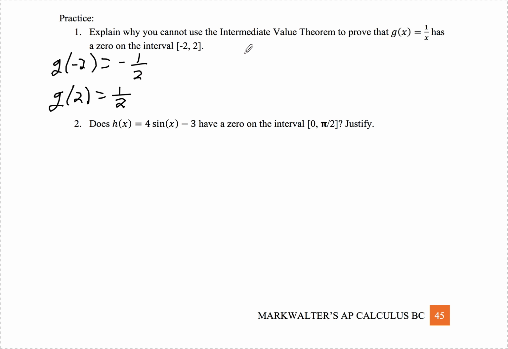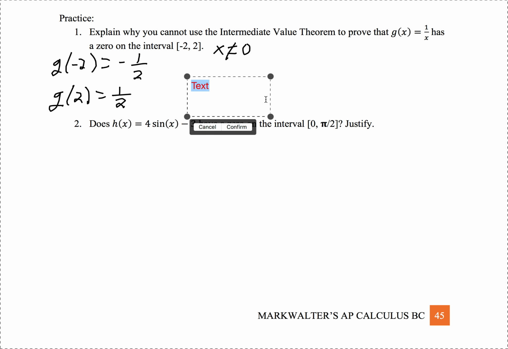Well, we know for the IVT to apply, the function needs to be continuous on the interval we're investigating. Is 1 over x continuous on the interval -2 to 2? It is not. We have a point of discontinuity at x equals 0, and that is on the interval.